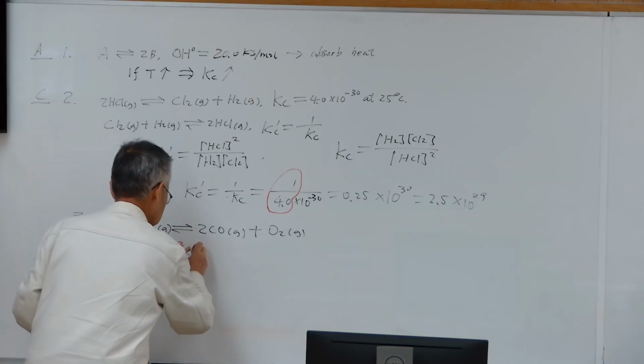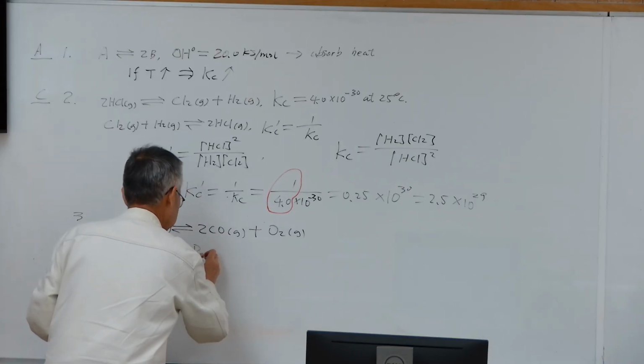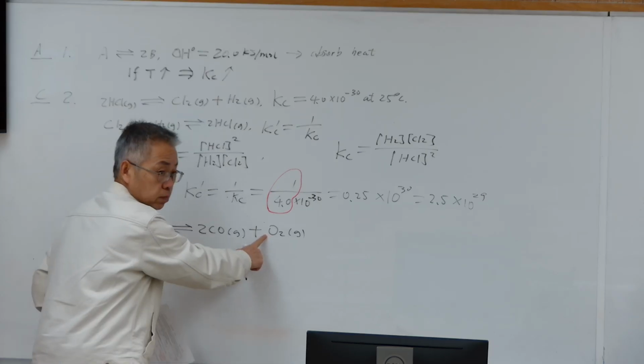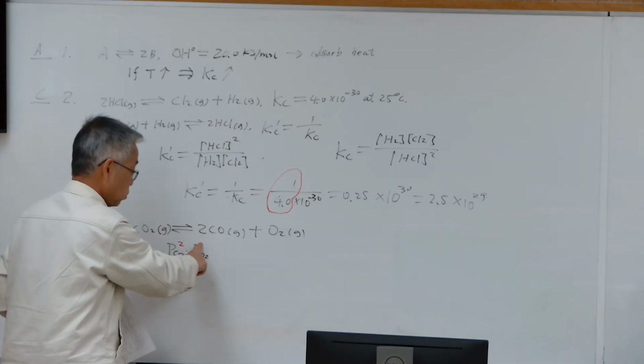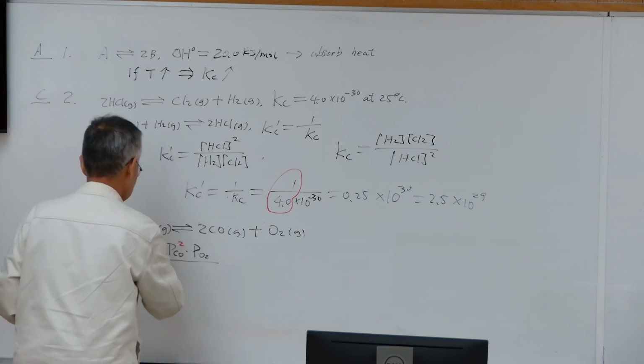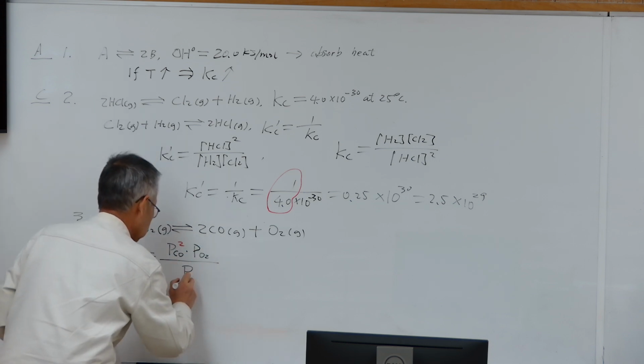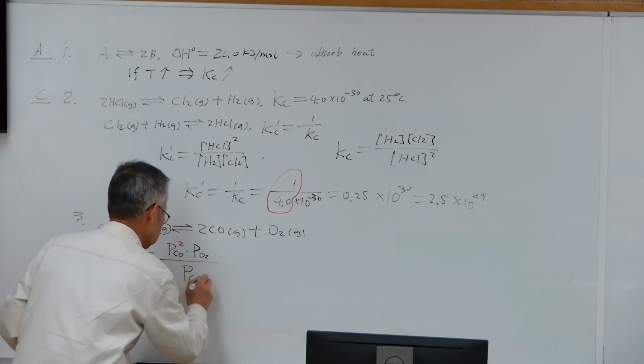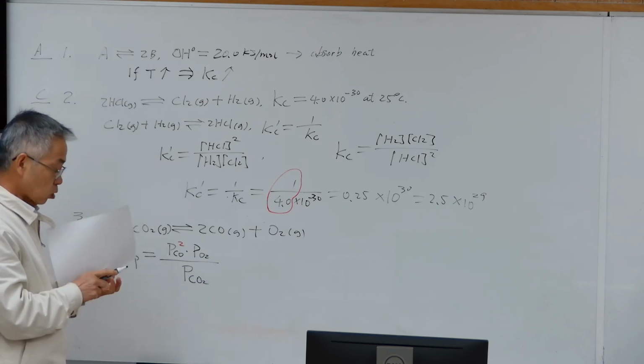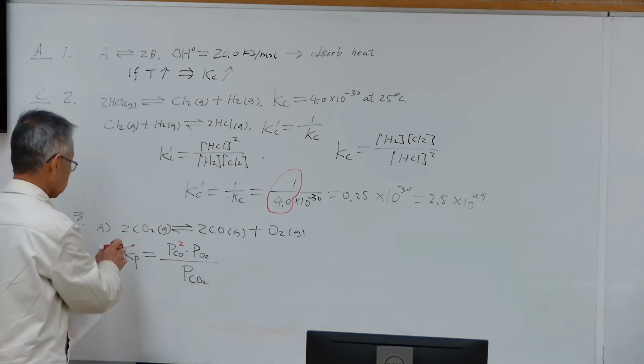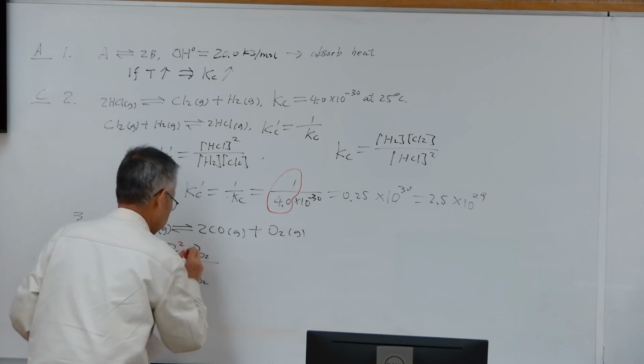And another product is O2. No number means 1. Reactant goes in the denominator, so CO2. Is this correct? No, because here you need to label 2 as well, right?